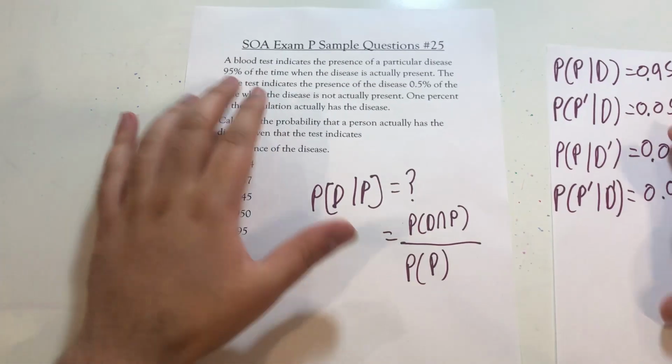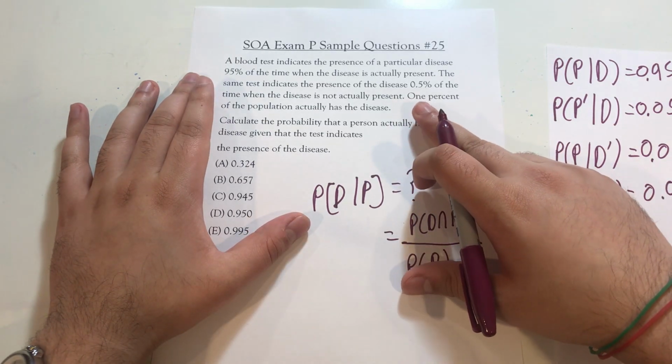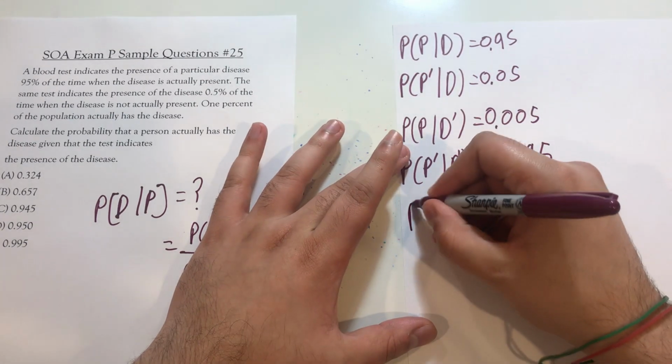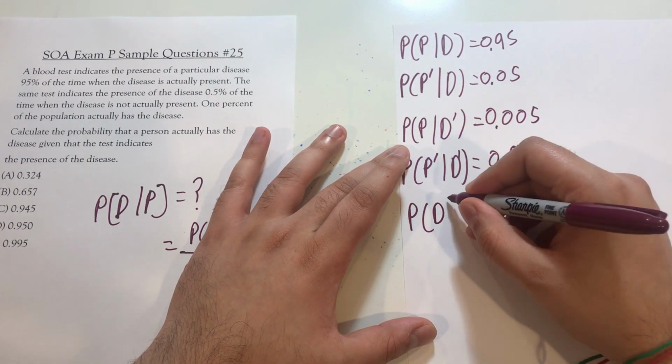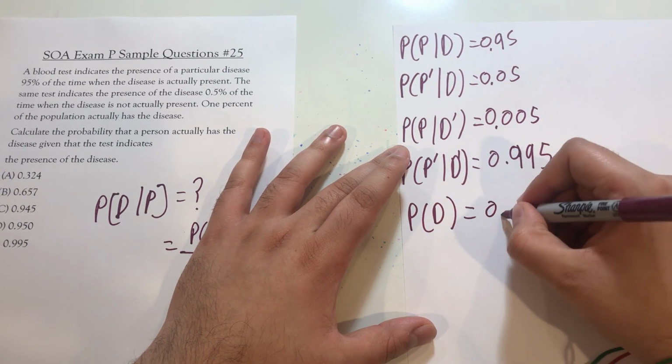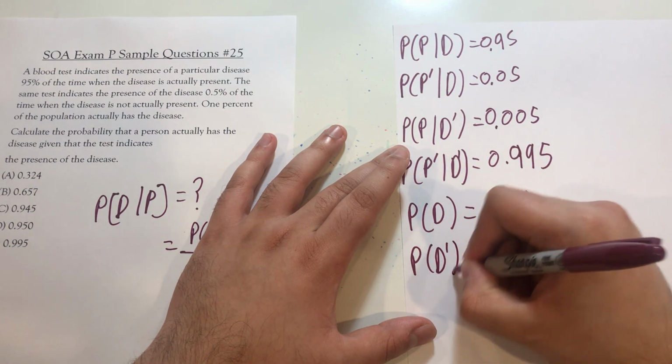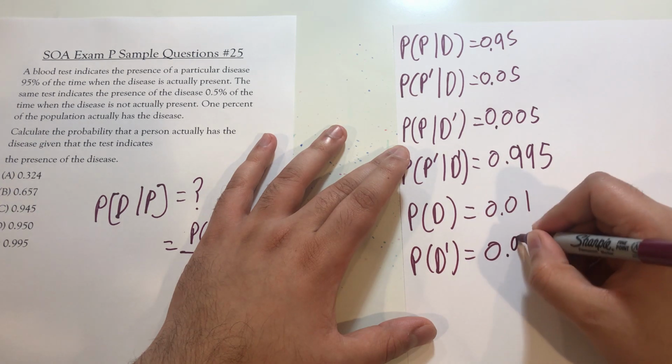And I left out one piece of information: 1% of the population actually has the disease. So the probability of having the disease is 0.01, while the probability of not having the disease is 0.99.